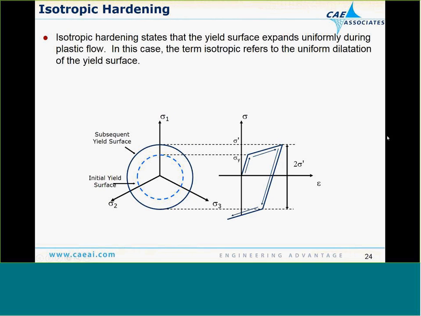If we look at the isotropic behavior, in order to yield in the opposite direction, since I'm growing the yield surface, it's 2 times sigma prime, or the current stress state. Now, if we don't do any unloading and reloading, if we don't go back into the plastic regime, both these curves are going to look identical.